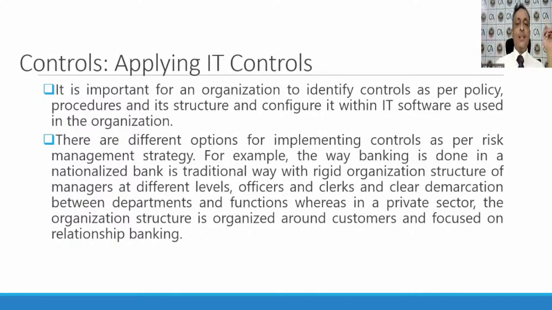For example, the way banking is done in a nationalized bank is the traditional way with a rigid organization structure of managers at different levels, officers, clerks, clear demarcation between department and function, whereas in the private sector, it is more unstructured, more customer focused, but this is only an illustration.